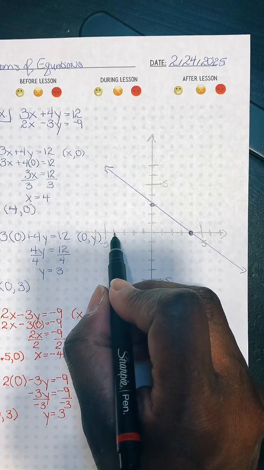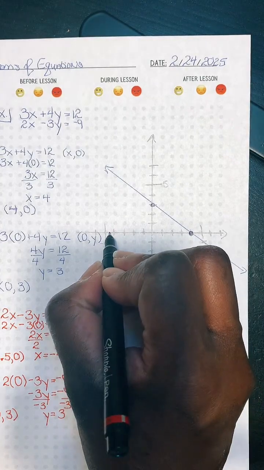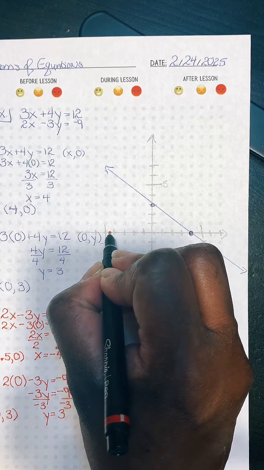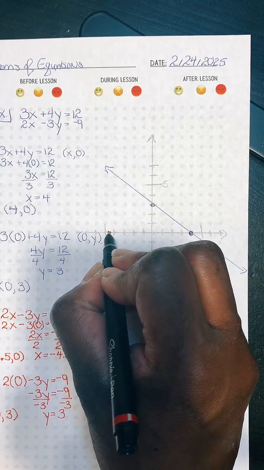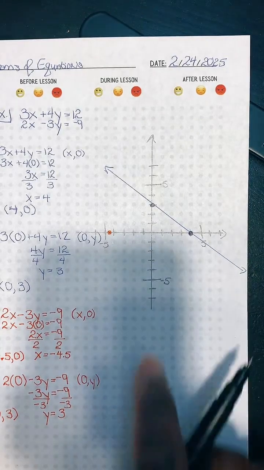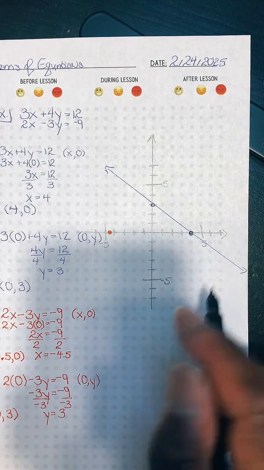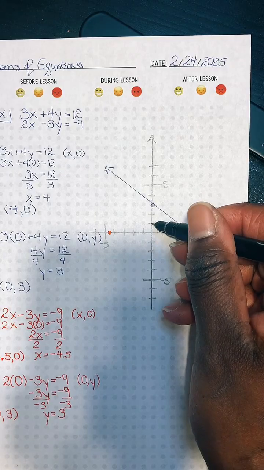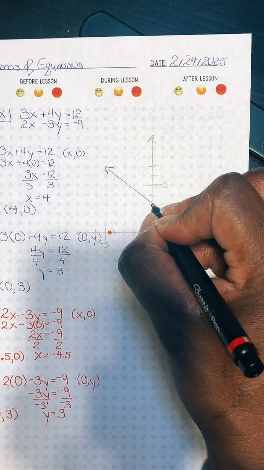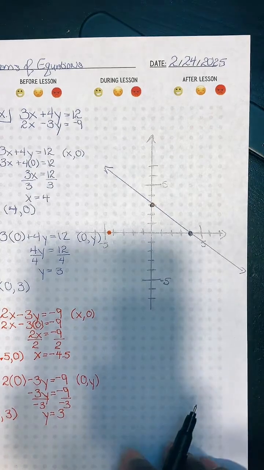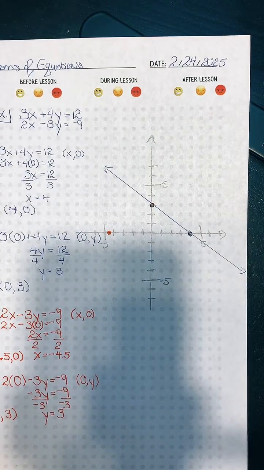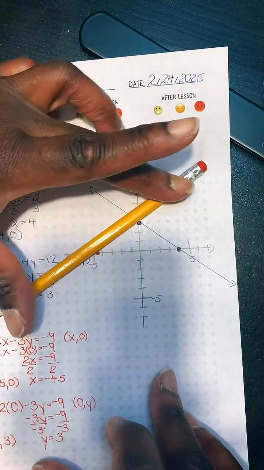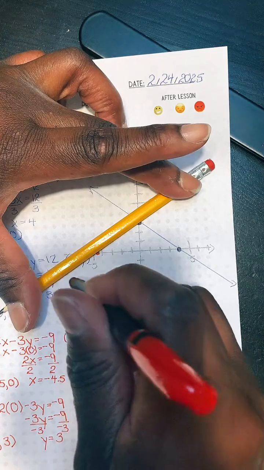Negative 4 means I'm going to the left. 0.5 is right smack in between negative 4 and negative 5. Okay, so that's my first point. 0, 3, I'm starting here at the origin, going up 1, 2, 3. Hey, that makes life easy. We're sharing a point with that first line.